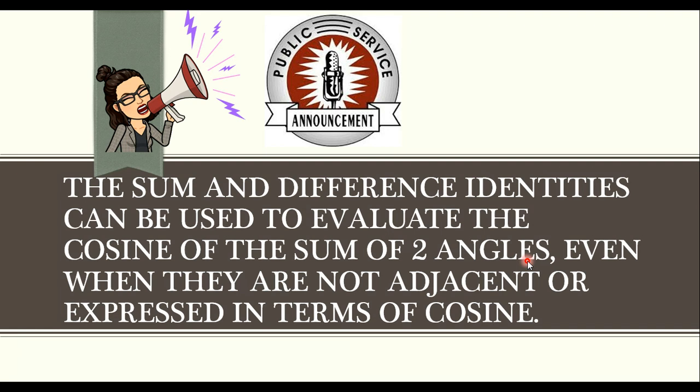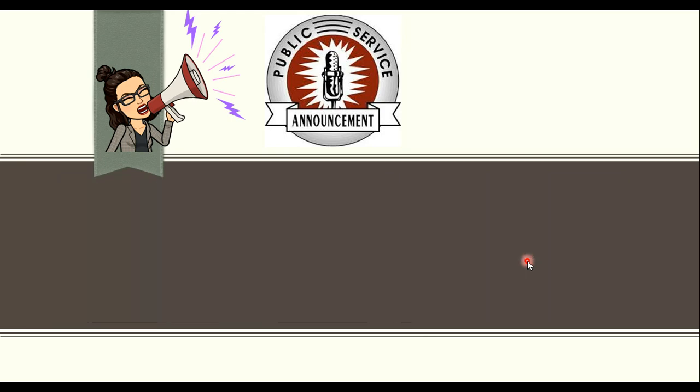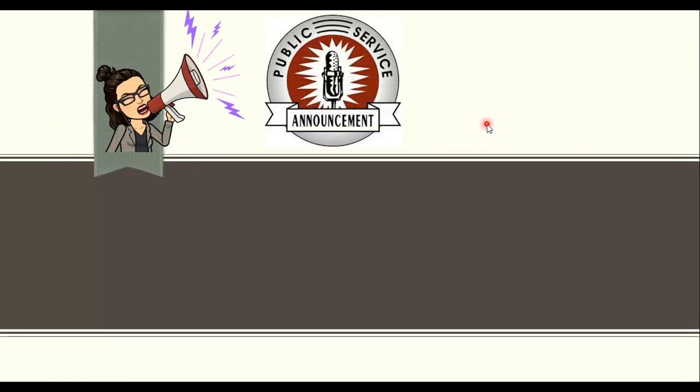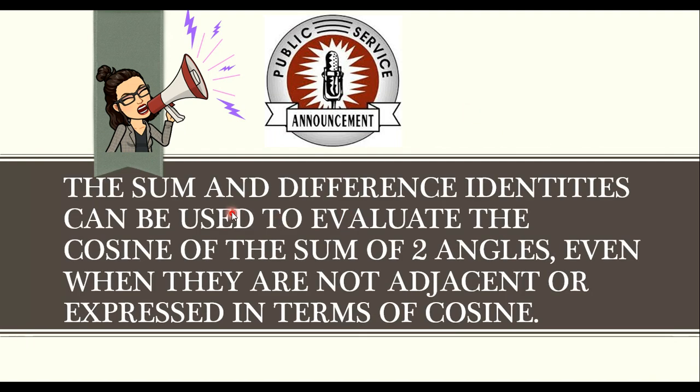So if you've got to add up two angles, just like we did in this last example, I'm adding 57 and 78. They're not close to each other on the unit circle, right? They're not even next to each other. I can use the sum and difference identities to evaluate that sum, even when they're not next to each other, or even if they're not expressed in terms of cosine. So that's why this is so clutch, right?